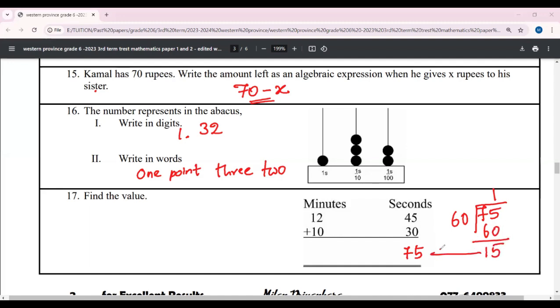So the 15 comes here, and this 1 is a minute, so it has to come here. So 13 plus 10 is 23, right? Your answer is 23 minutes 15 seconds, right?